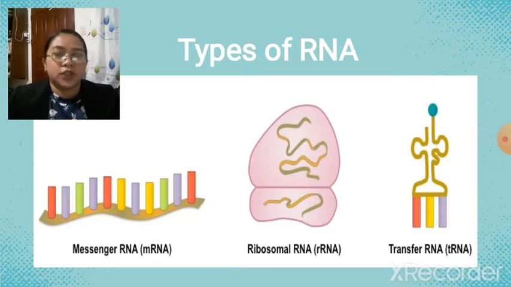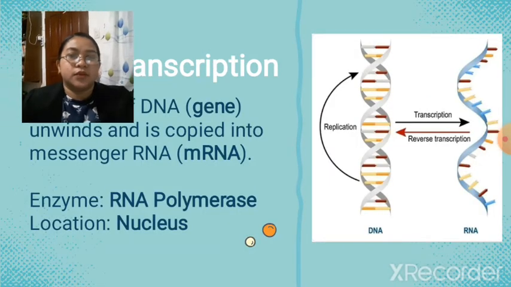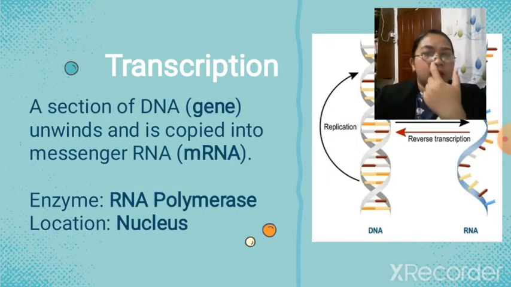As you can see, the first picture shows the messenger RNA. The second is the ribosomal RNA, and the third structure is the transfer RNA or tRNA. In transcription, a section of DNA in which a gene unwinds is copied into messenger RNA.